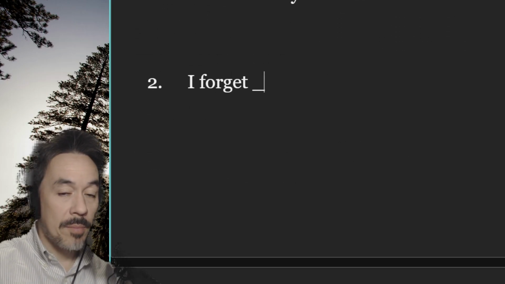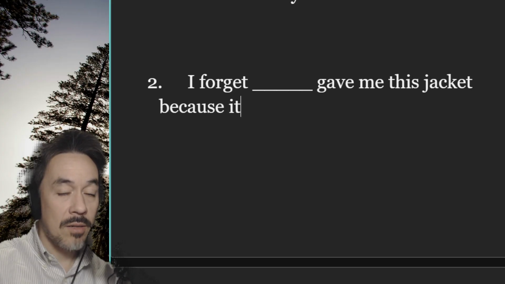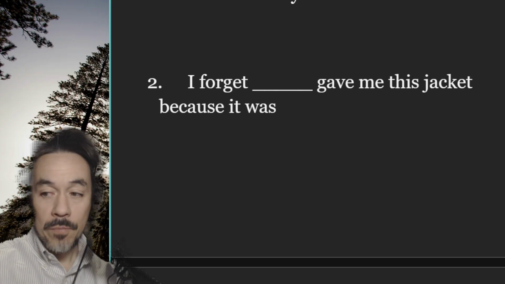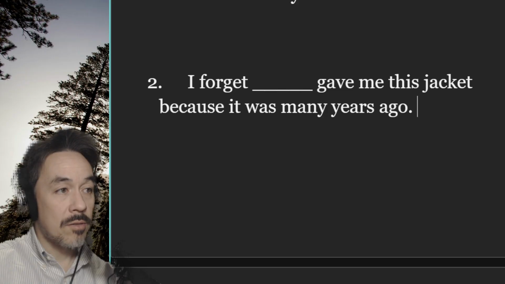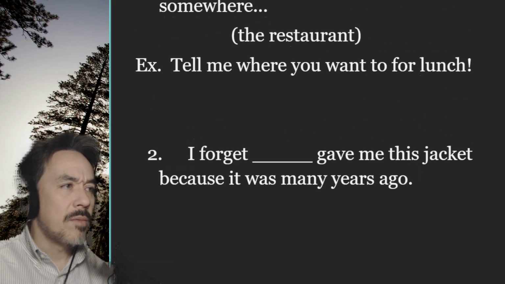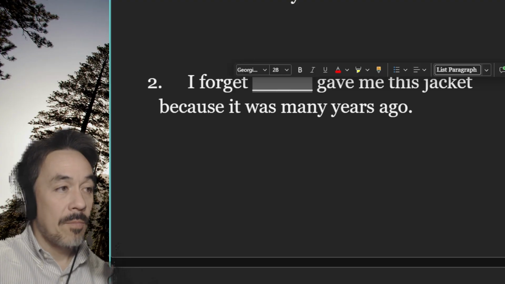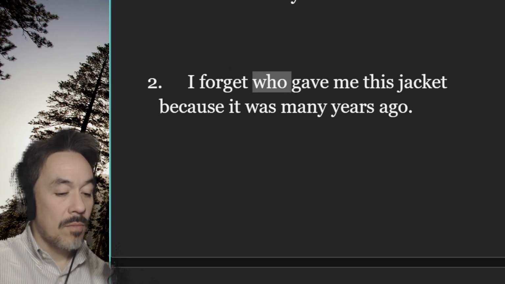I forget blah blah gave me this jacket because it was many years ago. So I forget, same thing, I can't remember. I forget blah blah gave me this jacket. The answer to this one, I forget who gave me.